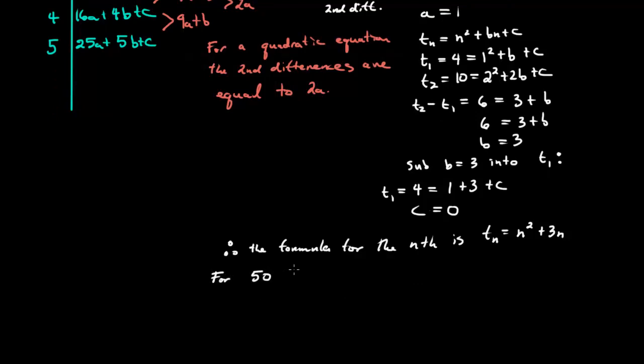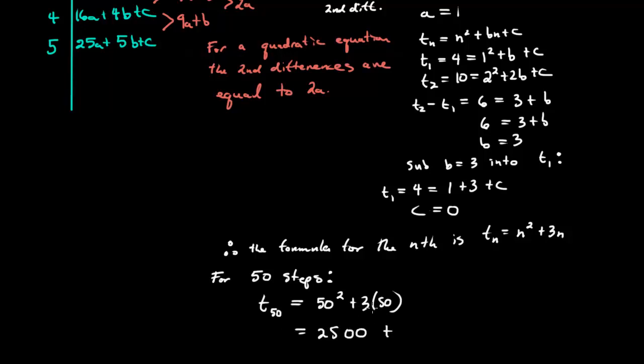So for 50 steps, and remember that t sub n represents the number of toothpicks needed to build n steps. For 50 steps, we have that t sub 50 is equal to 50 squared plus 3 times 50. 50 squared is 2,500.